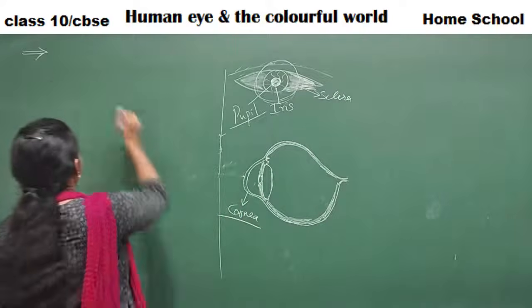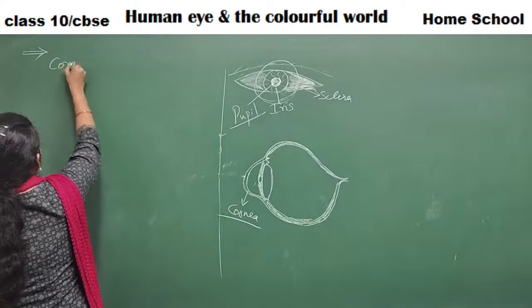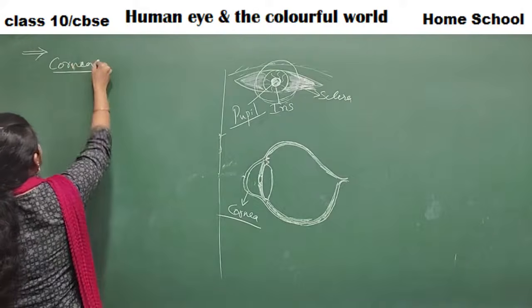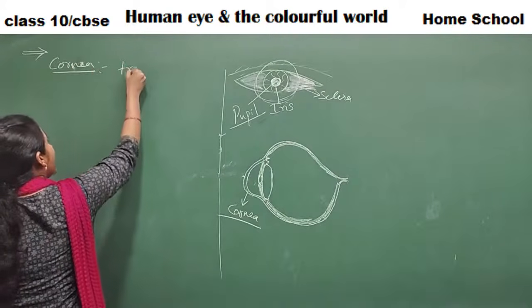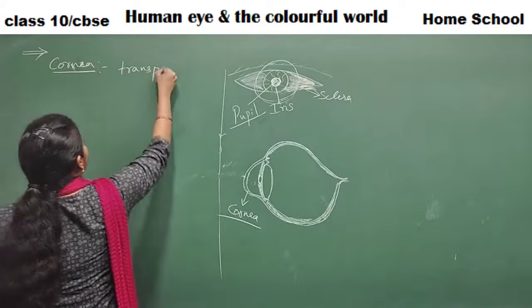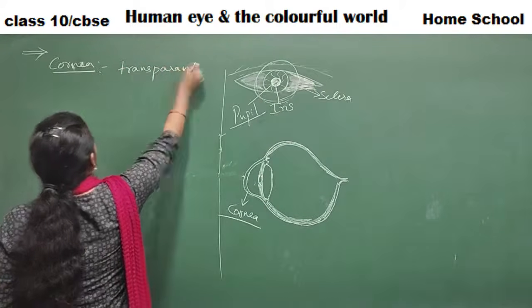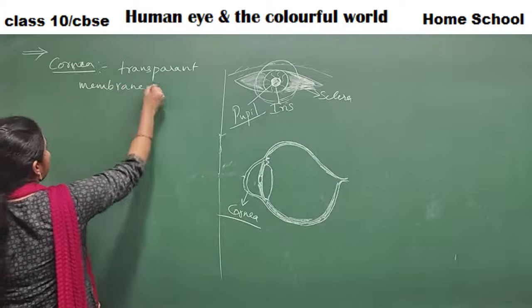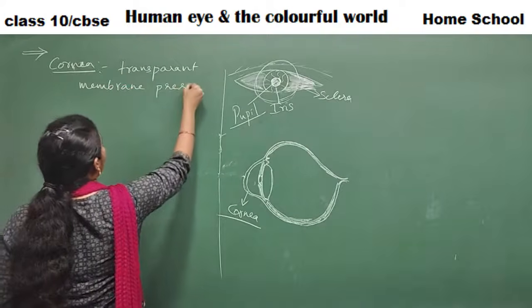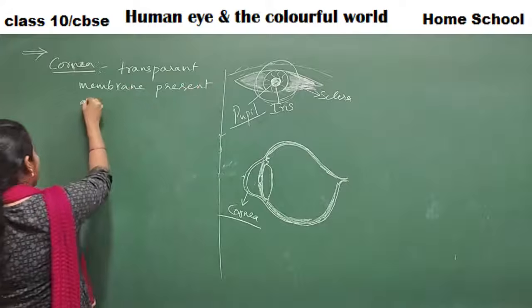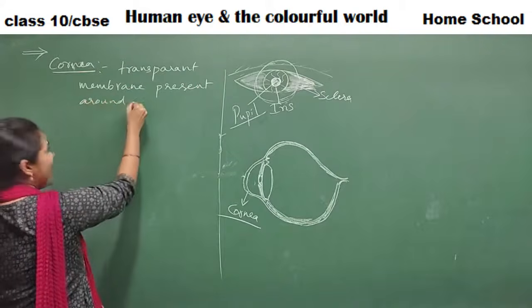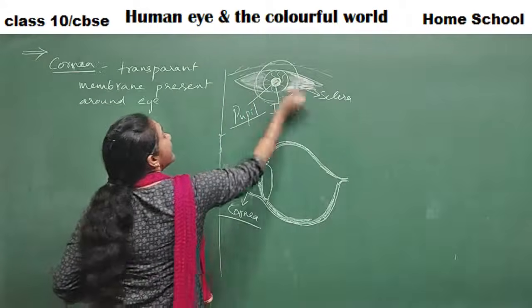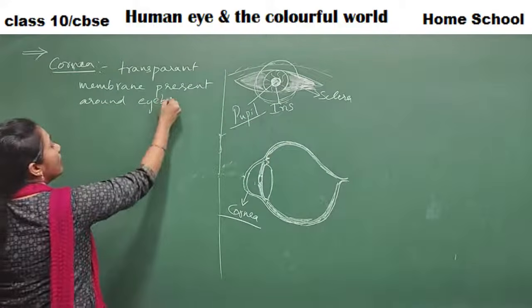And let us write its definition. We have come to know what we mean by cornea, right? So what is cornea? It is a transparent membrane present around the eyeball. The entire thing is called the eyeball, right?